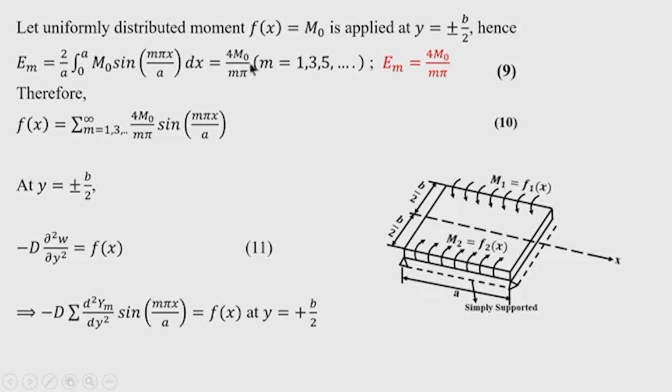So, only for odd terms we get the coefficient of the Fourier series, which is used to express the edge moment, and it is nothing but 4 m naught divided by m pi, where m takes odd integers only. So, the first coefficient of the Fourier series will be 4 m naught by pi, the second coefficient will be 2 m naught by pi, and of course, that has to be multiplied by the sine function.